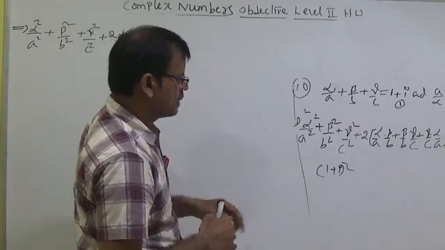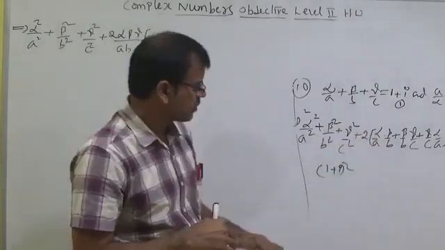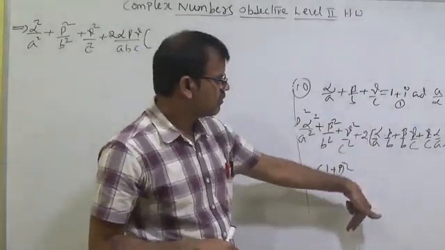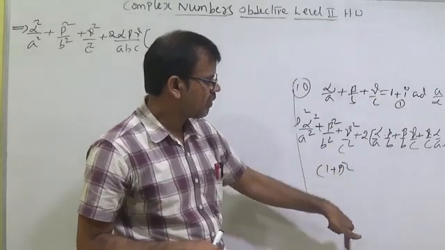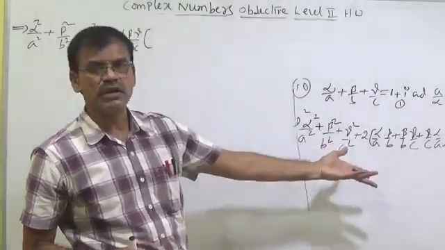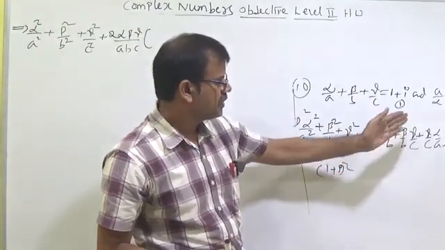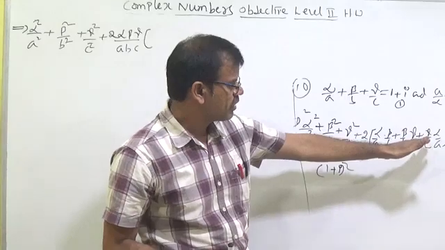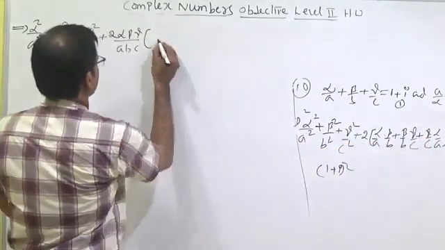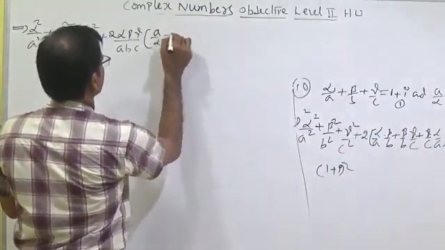Then, even though it is not there, we are taking common alpha beta. So denominator will get 1 by gamma and numerator will get c by c. So c by gamma, in the similar way b by beta, in the similar way a by alpha. So write like this: a by alpha.